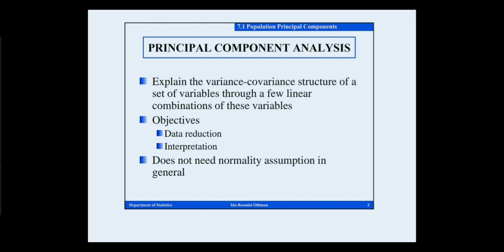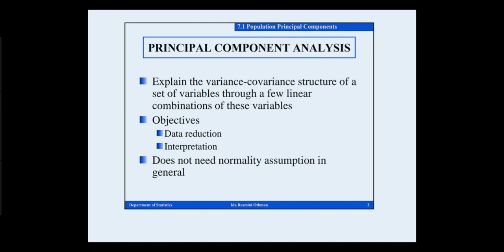We can reduce or summarize the large set of variables using a smaller set of factors or components by looking for groups among the intercorrelation of a set of variables. We will use factors or components, called principal components. How can we do this? By looking for the intercorrelation of a set of variables.